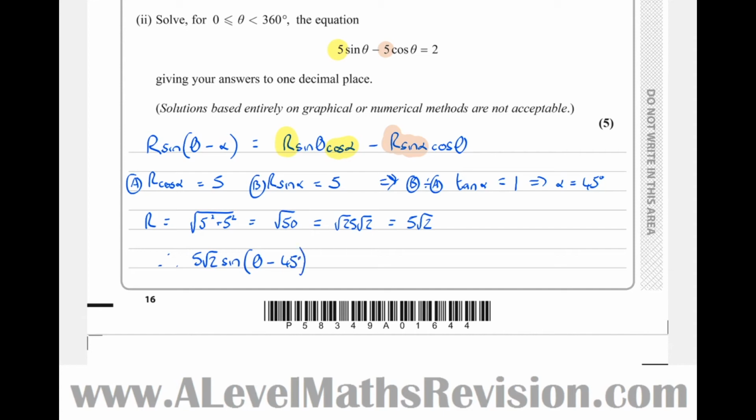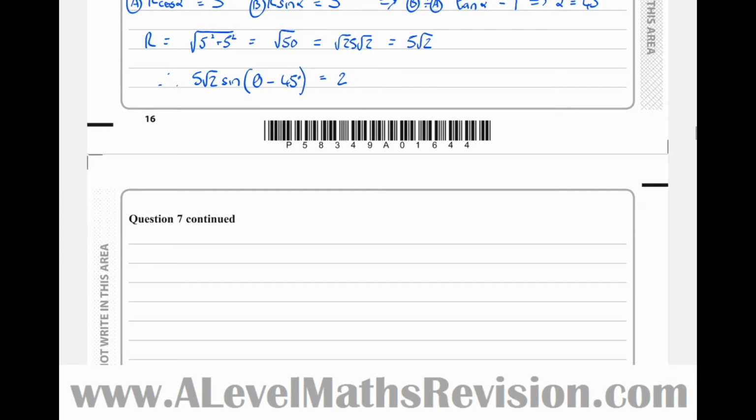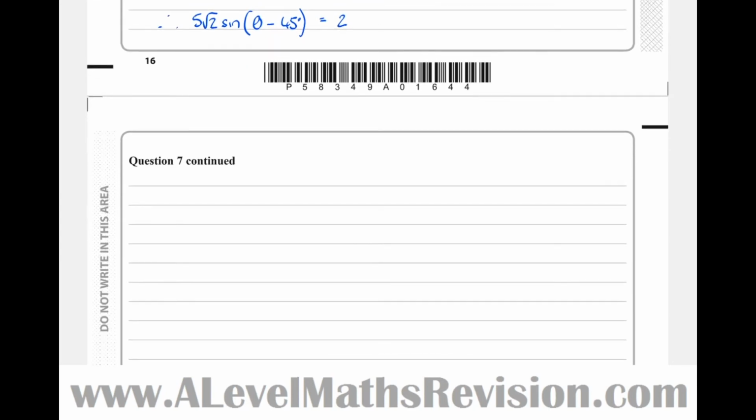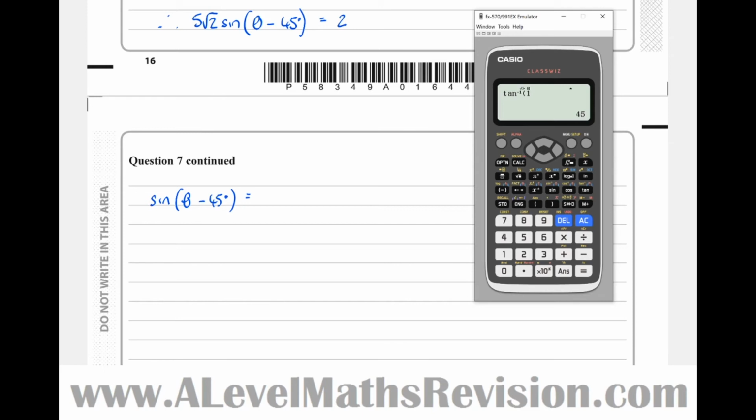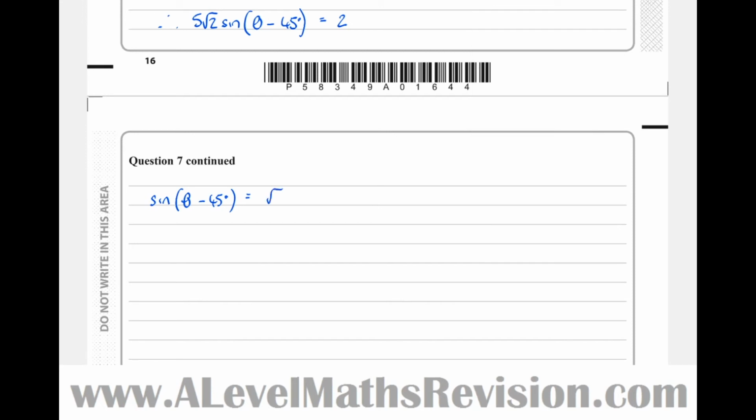So solving that now, well, first of all, we'll divide both sides by 5 root 2 to get sine of theta minus 45 degrees equals 2 over 5 root 2, which hopefully the calculator will simplify for us. It does, root 2 over 5.